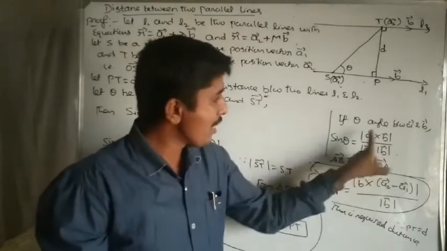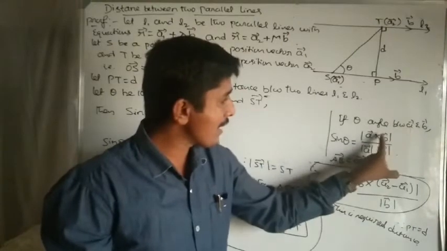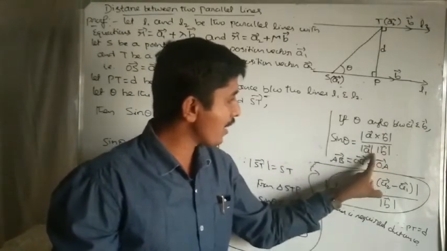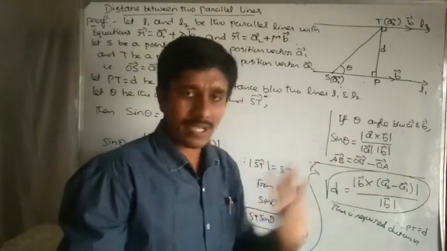Very important. Here, magnitude of first vector cross second vector divided by magnitude of first vector into magnitude of second vector. Got it.